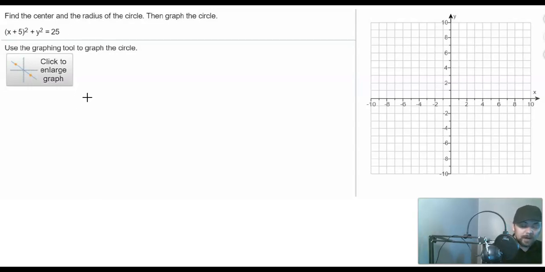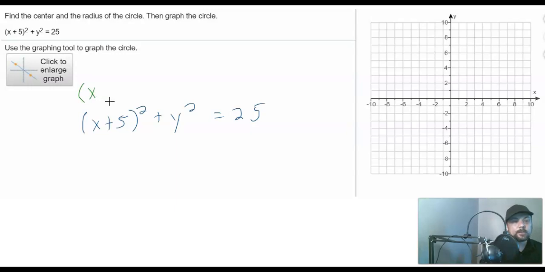And so to find the center and the radius, you want to take the equation that you're given, which is x plus 5 squared plus y squared equals 25, and compare it to the formula that we just developed. The formula for the equation of a circle is x minus h squared plus y minus k squared equals r squared, and you just want to line things up.